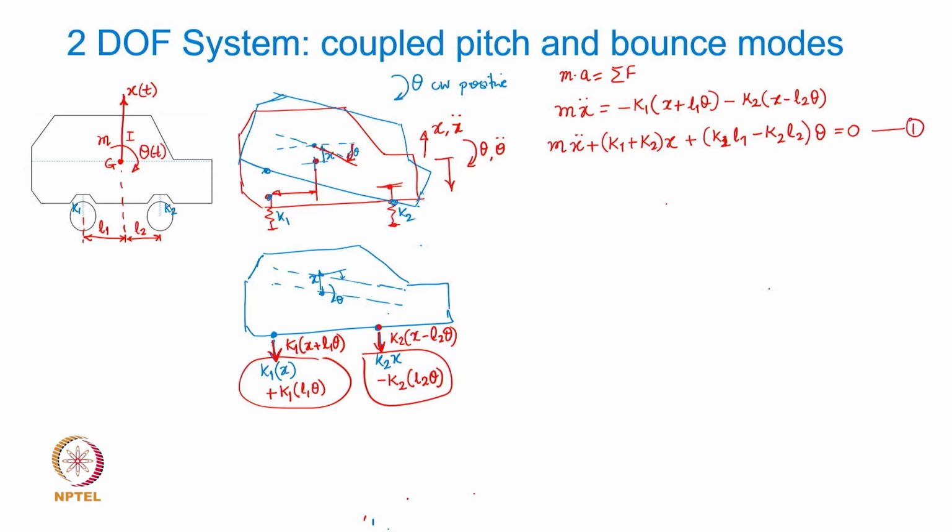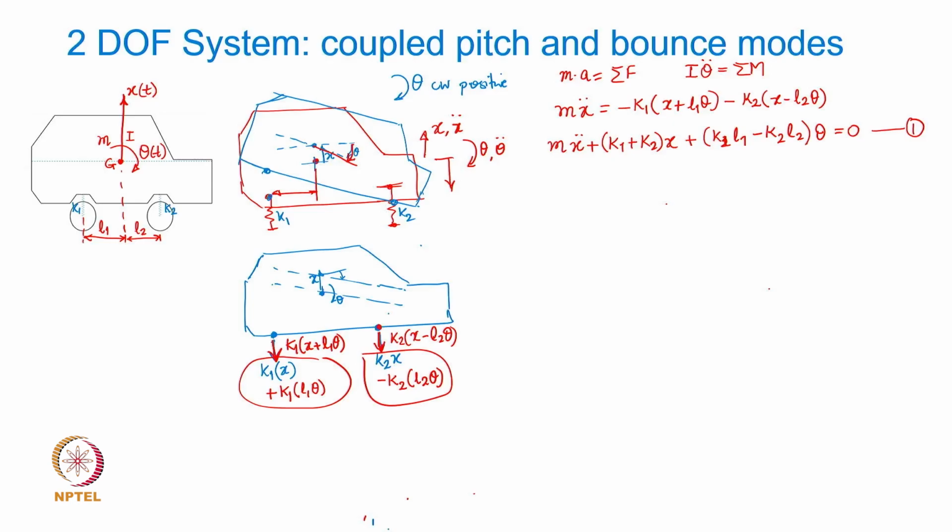We haven't yet looked at the second equation. Instead of m, now I'll use I theta double dot equal to the summation of all the moments acting on the body.